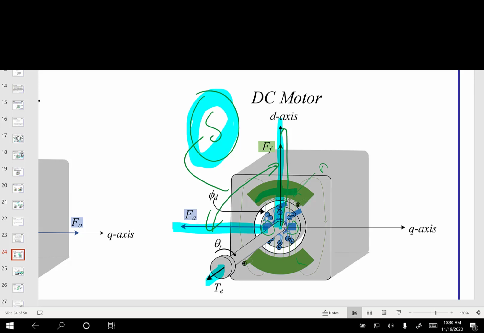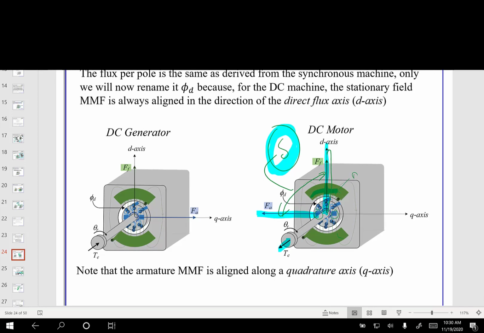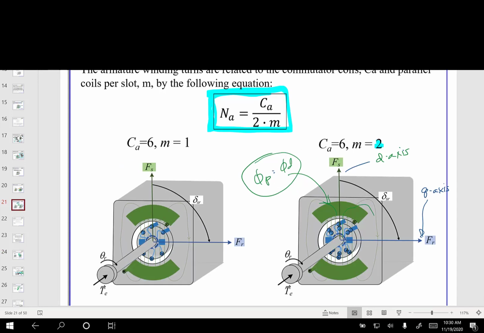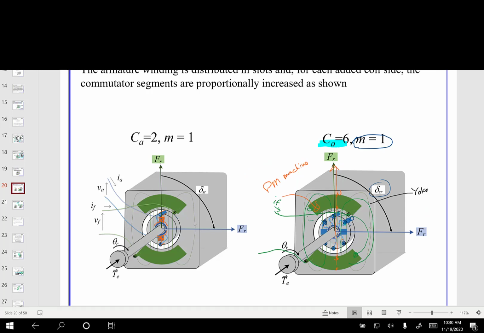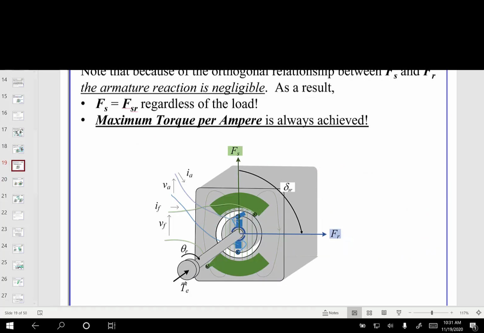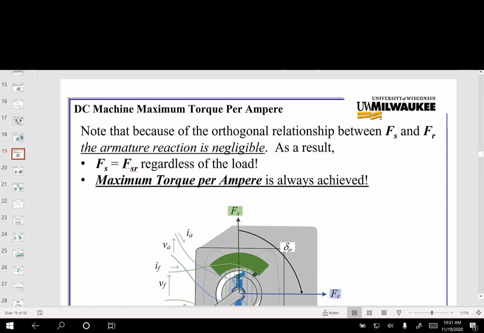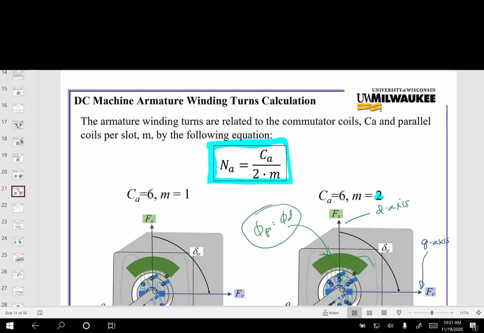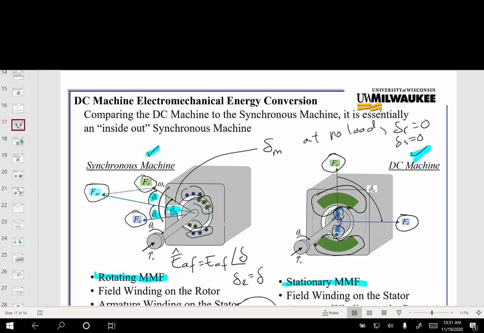So it looks a lot more like a synchronous machine, where we had this picture. Where the heck is it? Back here.